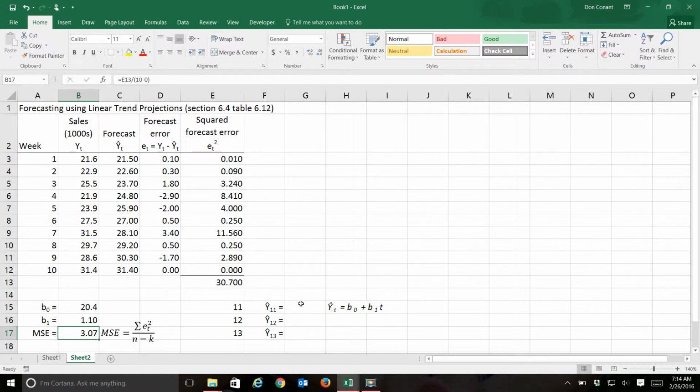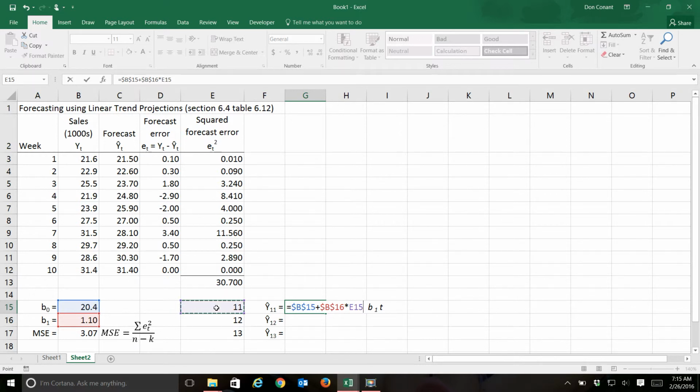Now we're asked to create forecasts for subsequent periods, periods 11, 12, and 13. So we end here at period 10. So we'll just go ahead, and I've set this up to make it a little more visual. Here's our formula again, and we'll take our intercept, which is b sub 0, make that absolute. That way we can just copy it down, and we'll add to that our slope, which is absolute again, times the period with a time value.